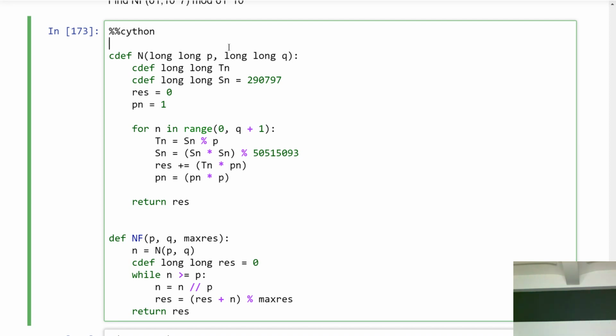Why 10? This is max res. Okay, so you're trying to work in the powers? Yeah, I want to reduce that loop as much as possible.